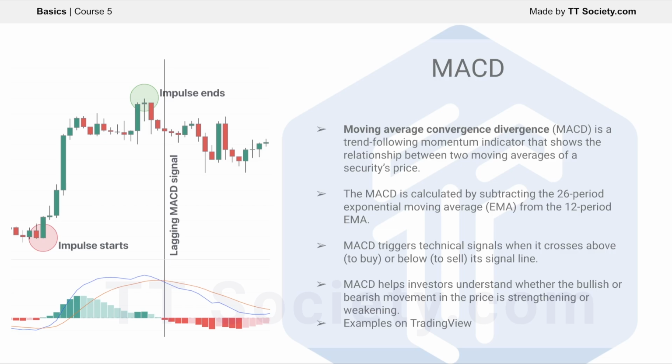The MACD triggers a technical signal when it crosses above to buy or below to sell the signal line. The MACD helps understand whether the bullish or bearish movement or structure in the price is strengthening or weakening.